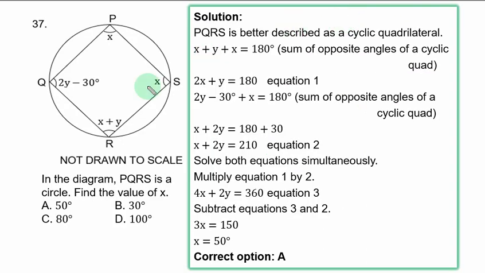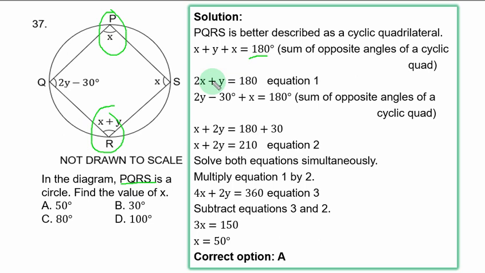Question 37. In the diagram, PQRS is a circle. Find the value of S. We have PQRS. We can take it as a circle, and at the same time, the one inscribed is a quadrilateral. As such, if you add angle P to angle R, the sum is 180 degrees.